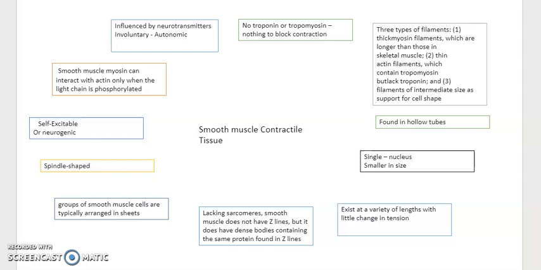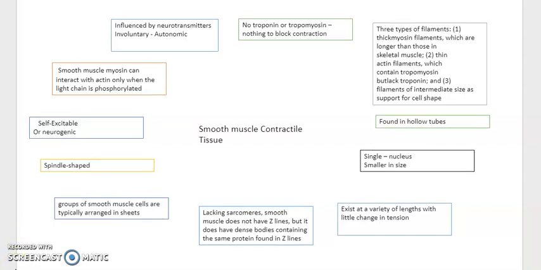So according to Sherwood, there are light chain molecules known as necklaces, where the heads of the myosin molecules are near the neck region. And these light chains are going to be tacking on to the actin proteins.